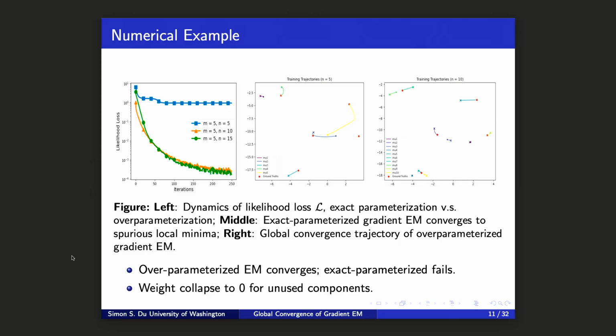For those, their corresponding pi, their mixing weight, will converge to 0. So actually, we have this if-else condition: either eventually you converge to a ground truth, or your mixing weight will be 0. Okay, so that's what we can observe.